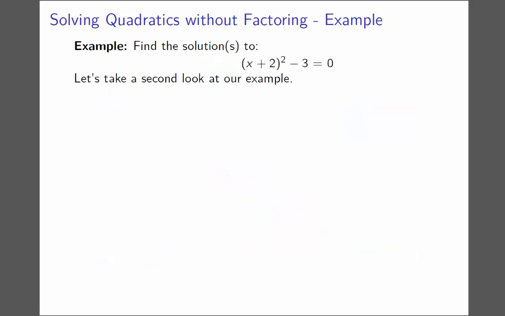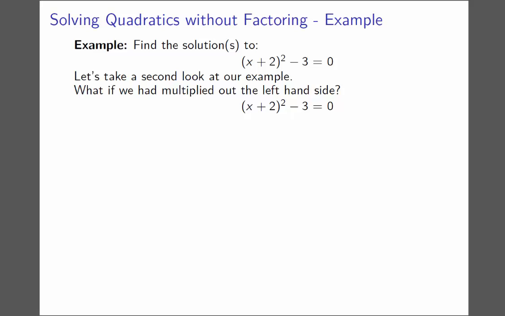Now let's take a second look at our example. What if we had multiplied out the left-hand side? Then we would write (x + 2)² − 3 as (x + 2)(x + 2) − 3. Here we need to distribute. x times x is x², plus x times 2 is plus 2x, plus another 2x, and finally plus 4.